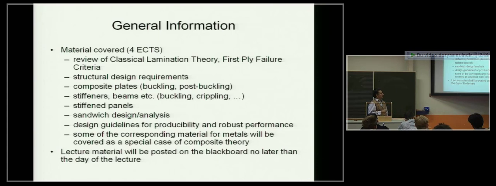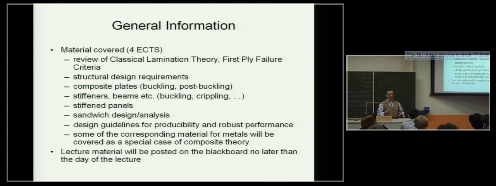And then, of course, we will have a comparison with the counterpart of the stiffened structure, which is the sandwich structure. We will close with design guidelines for producibility and robust performance. Basically, there's one thing to have analysis and another thing to be prepared for all kinds of contingencies in the design. So robust means what happens if something goes wrong.